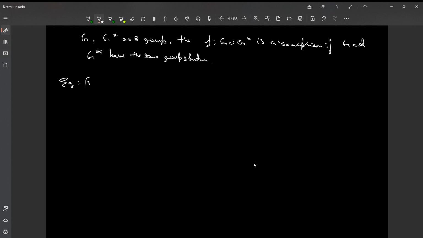We consider a function f which is real valued and defined on the real numbers as well. Let x naught be an element from R and let epsilon be a positive number.